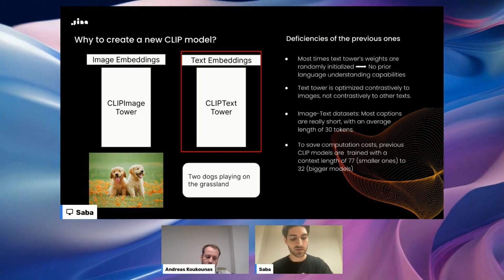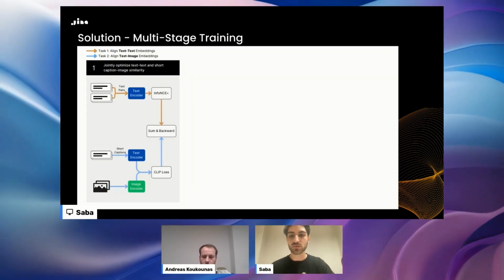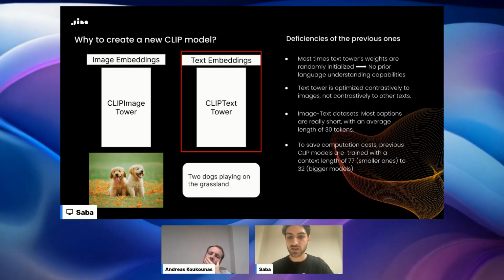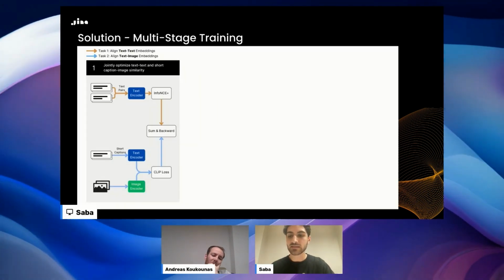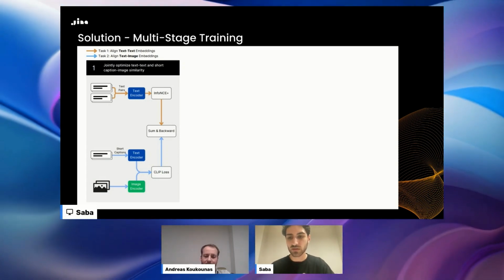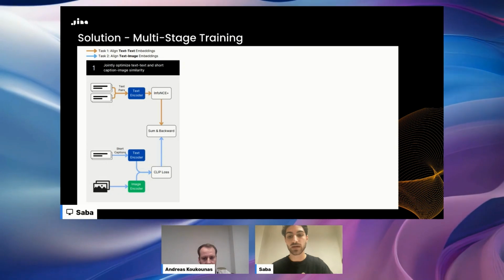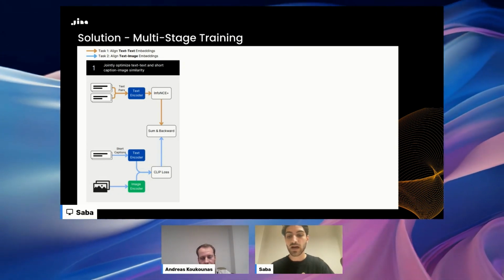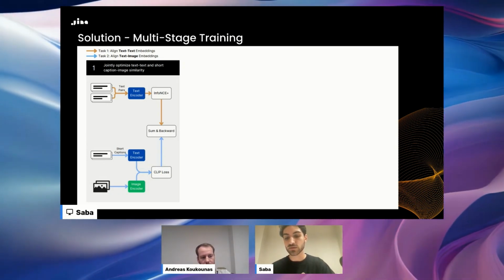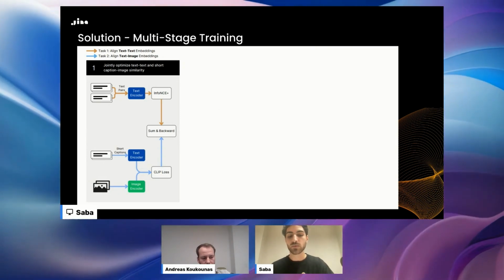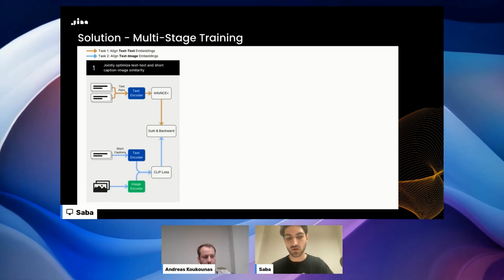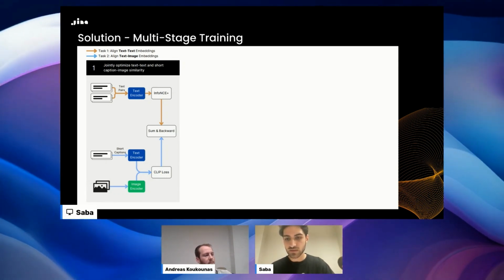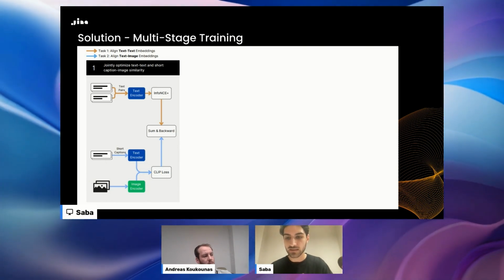text-only embedding models. So we basically tried to improve these deficiencies, and the main idea, which Andreas will talk about more thoroughly, is that instead of only contrastively training on text and images, we add another objective, and we jointly optimize our model on text-image pairs as well as text-only tasks, right?